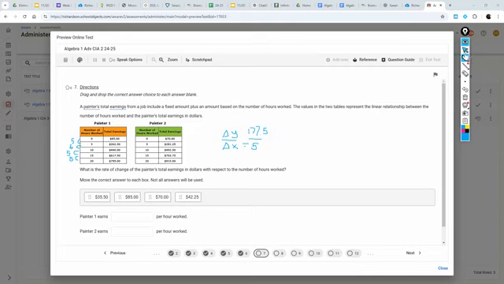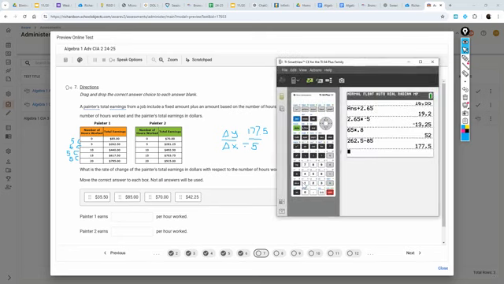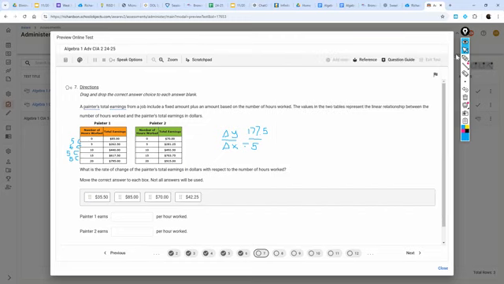Now to get the earnings for painter 1, I'm going to put that in my calculator: 177.5 divided by 5. And we know that painter 1 is getting $35.50 an hour. And I see that, so I'm going to put that in the box here.